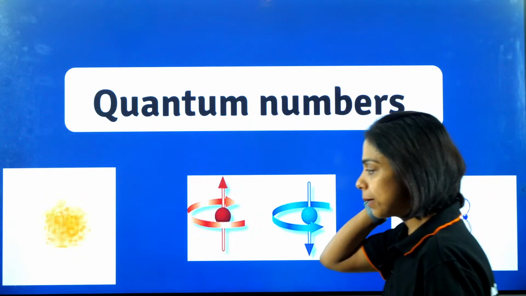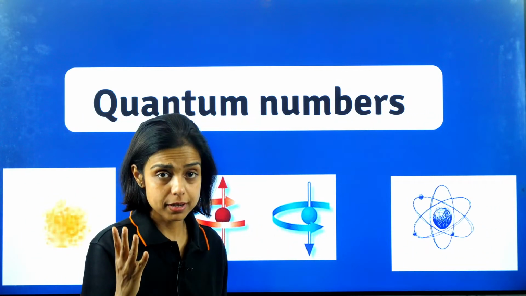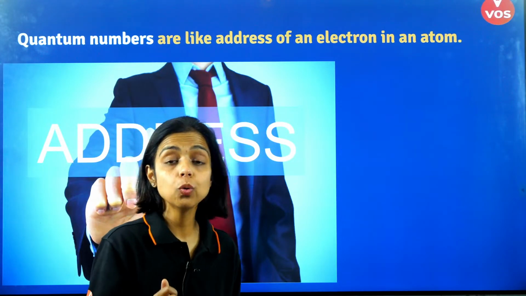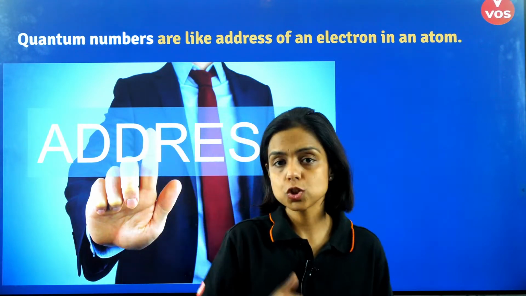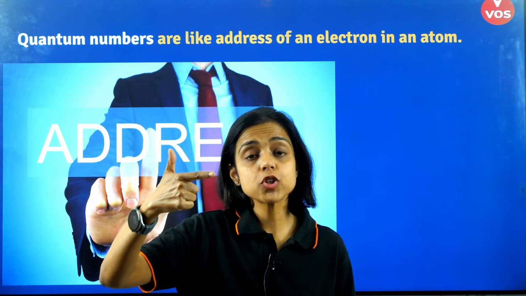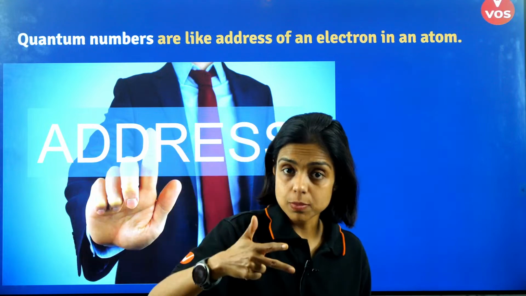Okay. So quantum numbers are basically a set of 4 numbers which will give you the address of an electron. As I told you, if you need any person's address, you need the city. In that city, you need the locality, in which area that person lives. And in that locality, you need the house number also.